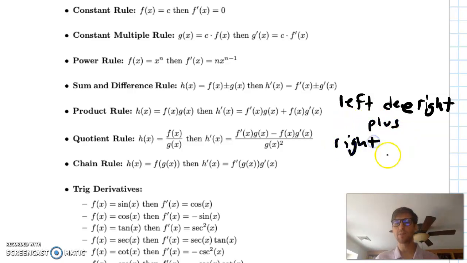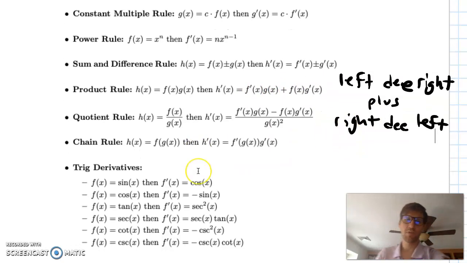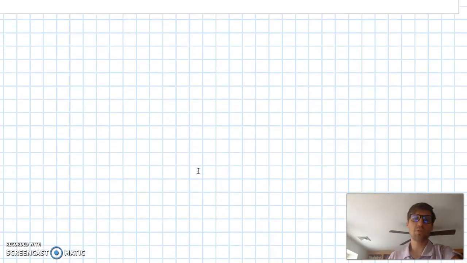And it could be opposite. And d, remember, is taking the derivative. I just wrote dee because that's how I say it. Or you could say, of course, right d left plus left d right. The order doesn't matter. But I want to go through a quick proof.